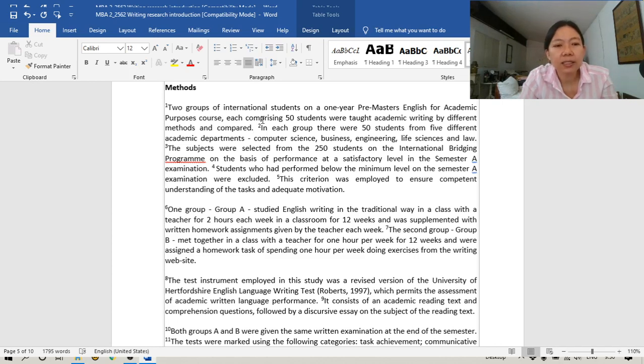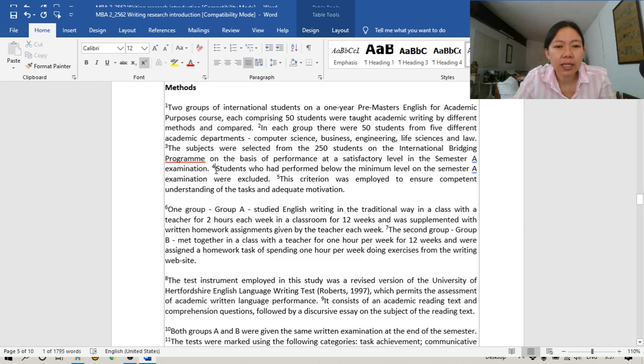The next sentence, the subjects were selected from the 250 students on the International Bridging Program on the basis of performance at a satisfactory level in the Semester A examinations. The keyword here was selected. So we know that the participants were selected from 250 students. So this sentence is used to talk about sampling technique.